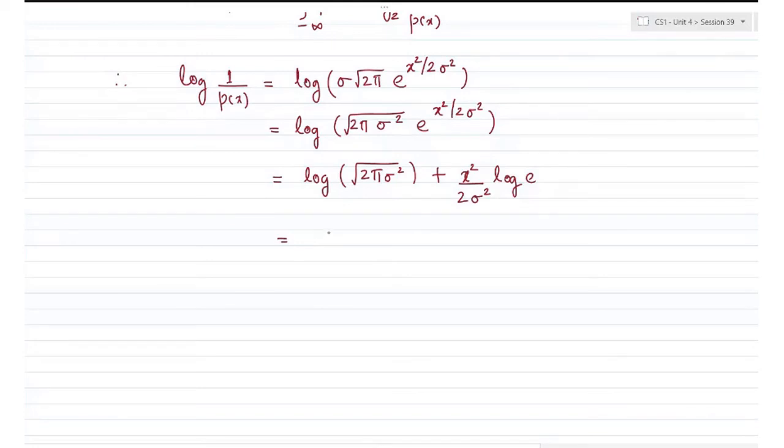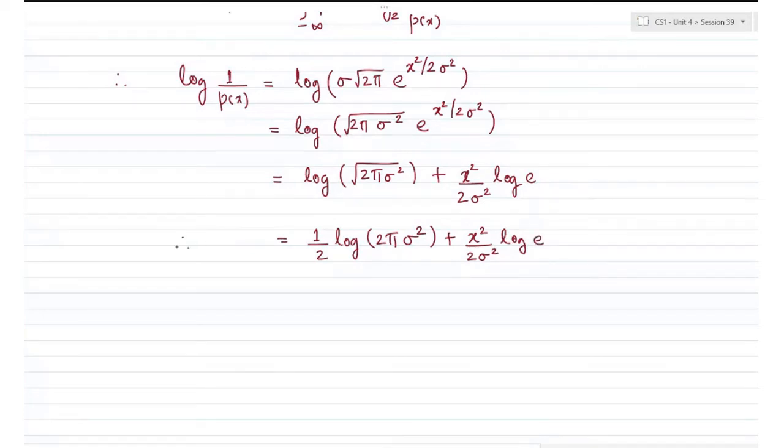The root can be taken out, so this can be written as half log of 2 pi sigma square plus x square over 2 sigma square log e.